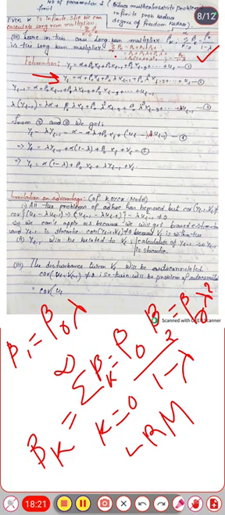If we consider one period lag, yt minus 1 is equal to alpha plus beta naught xt minus 1 plus beta naught lambda xt minus 2 plus beta naught lambda square xt minus 3 up to ut minus 1. I forgot to mention that there will be a lambda square here.